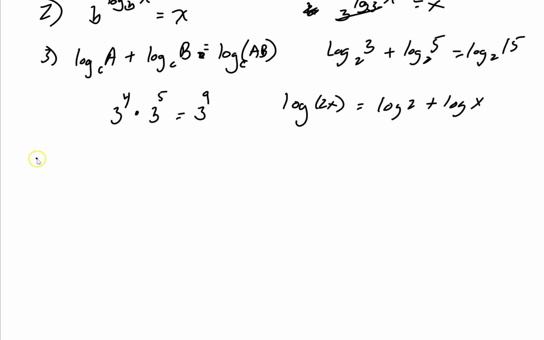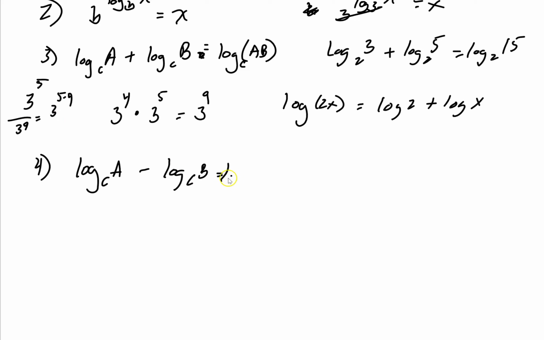The second one is the same concept, but now we're going to do division or subtraction. Log base C of A minus log base C of B. I already gave it away: when you subtract, you divide. Same concept as this: what if I gave you 3 to the 5th over 3 to the 4th? You would subtract the powers. Same idea. So when we're subtracting, we're dividing. So log base C of A over B. Notice the thing that's negative is what goes in the denominator.